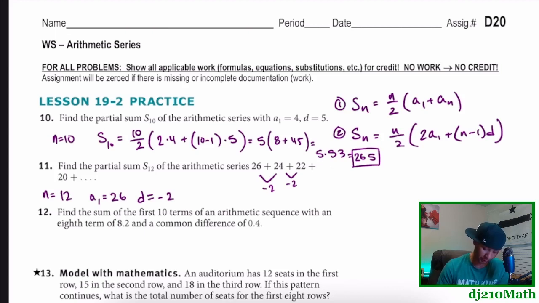So n is going to be 12 divided by 2 times 2 times the first term, 26, plus 12 minus 1 times -2. Oh no, writing out the terms kind of looks a little bit better right now.